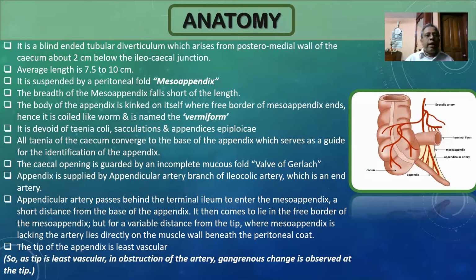It is a blind-ended tubular diverticulum which arises from the posteromedial wall of the cecum about 2 cm below the ileocecal junction. So look, this is the ileocecal junction. So the appendix lies 2 cm below, on the posteromedial wall of the cecum.